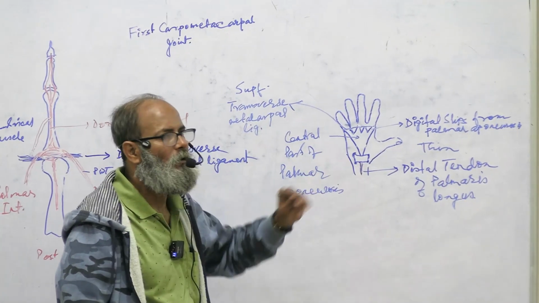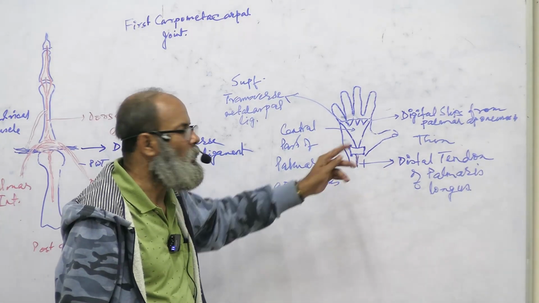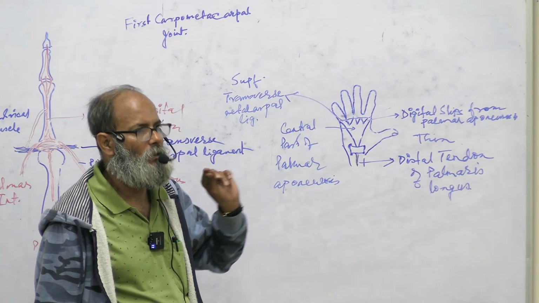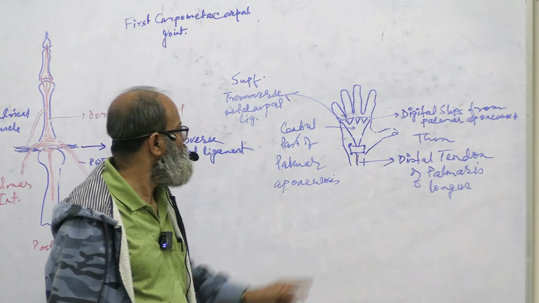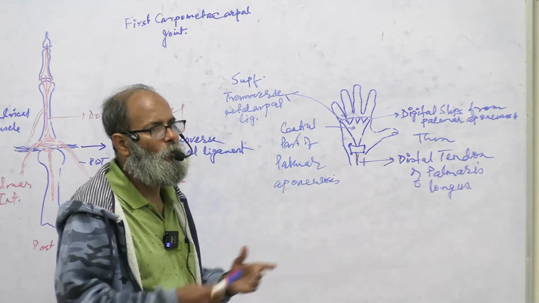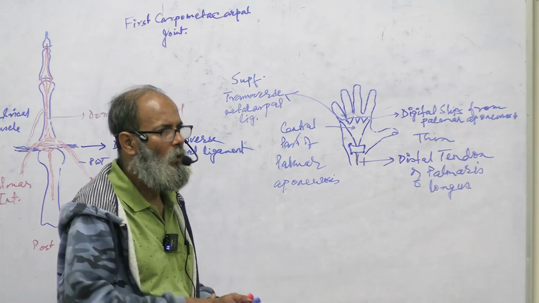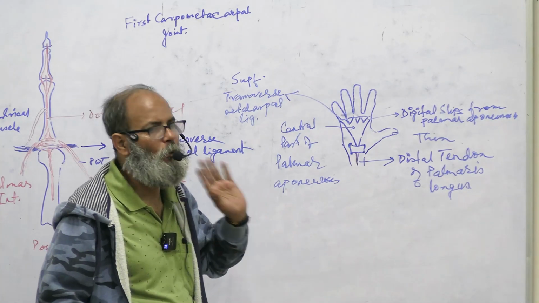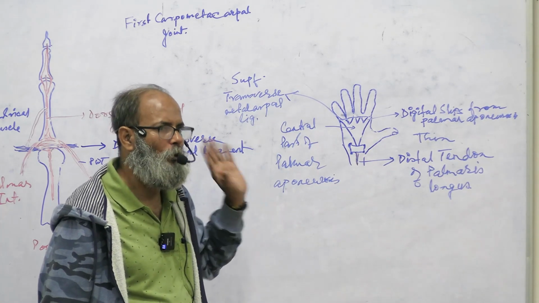At the base of the wrist, you can see the distal part of the palmaris longus tendon, right? This tendon is fusing with the fibers of the flexor retinaculum, and is continued over the palm as the palmar aponeurosis.